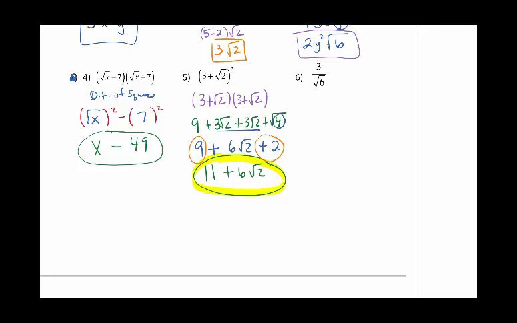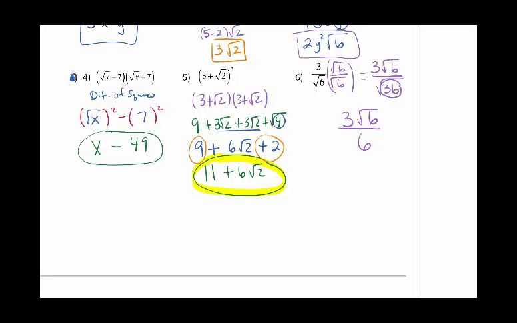So last one here is one where it would have said rationalize the denominator. In this case, I'm going to multiply by the square root of 6. Again, numerator, denominator. So this gives me 3 radical 6 on the top because the 3 is not underneath it. In the denominator, I have the square root of 36. Square root of 36 gives me a 6.